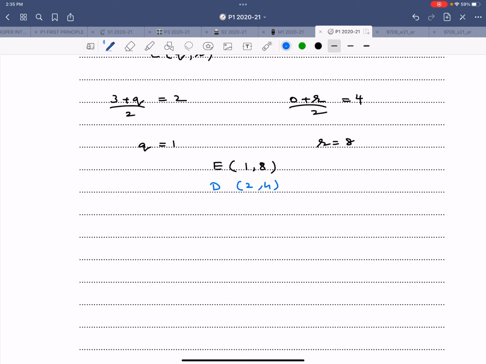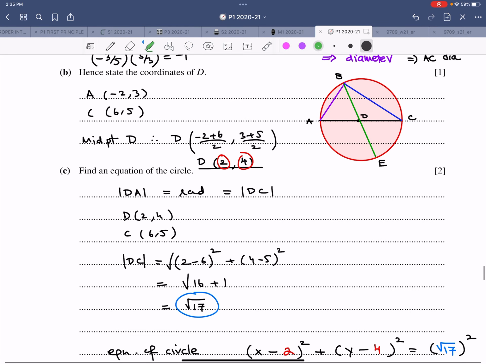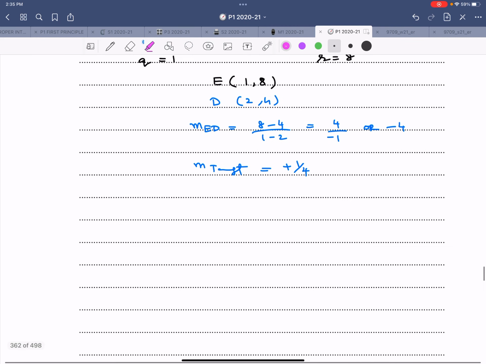So gradient of ED is 8 minus 4 over 1 minus 2, which is 4 over minus 1, which is negative 4. Gradient of tangent should be the negative reciprocal because our radius is perpendicular to the tangent at the point of contact. That means if I want to draw this line, it would be something like this. So it would be perpendicular. So therefore this thing is this, and what else is there?